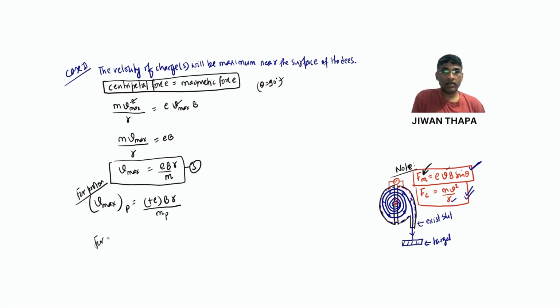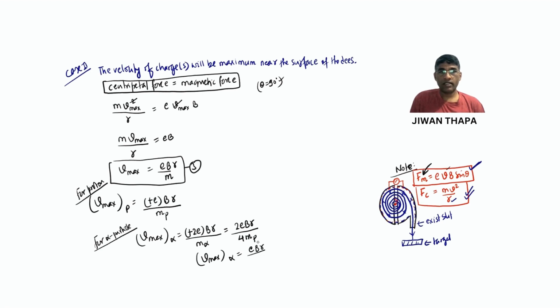And for the alpha particle, the maximum velocity equals the charge on the alpha particle, which is plus 2e, times BR divided by the mass of the alpha particle. We can rewrite this: 2eBR by the mass of the alpha particle, which is 4 times the mass of the proton. Therefore, the maximum velocity of the alpha particle equals eBR by 2mp. Let us call it equation 4.